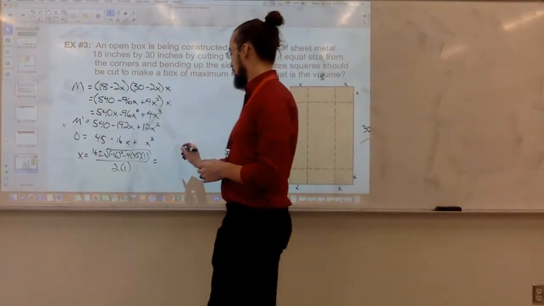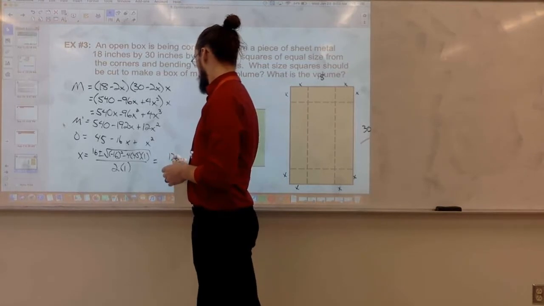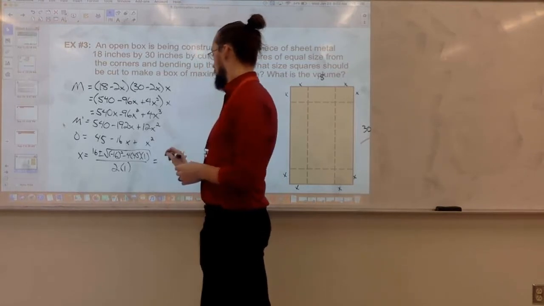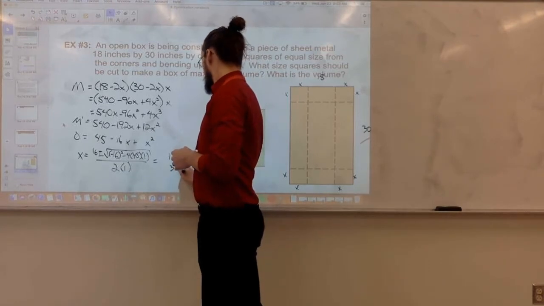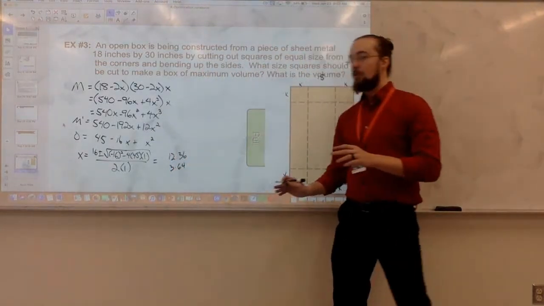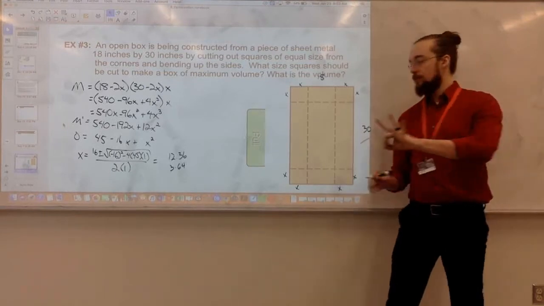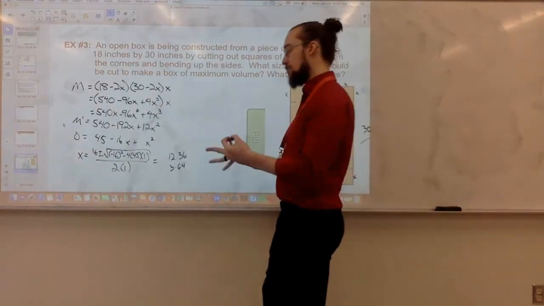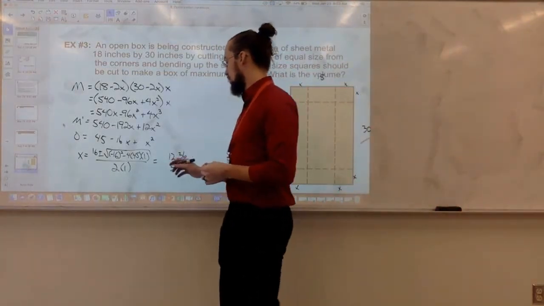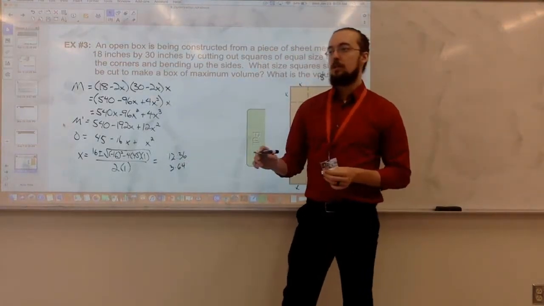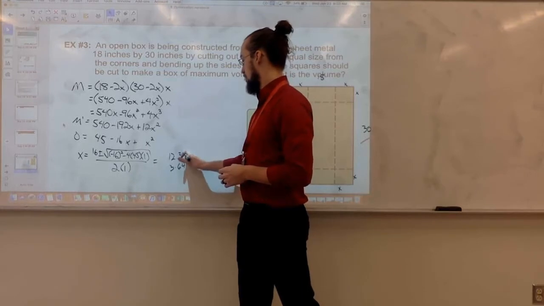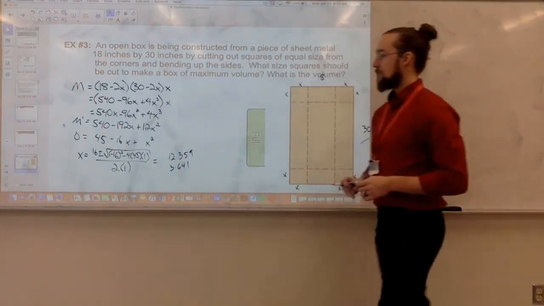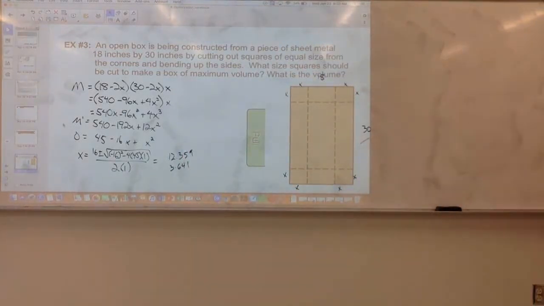Let's, I think I've mentioned before, but on the AP test, they always want you to go to 3 decimals. So let's go to 3 decimals whenever we round. 3.641.